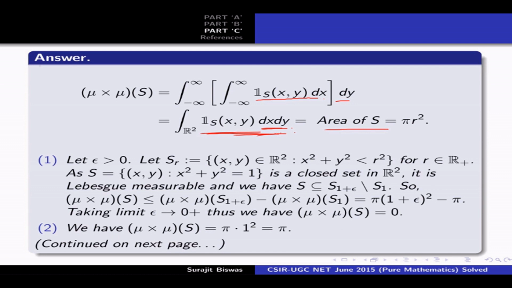Area of S is pi r square. We are assuming this as a fact.